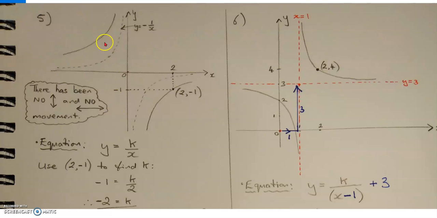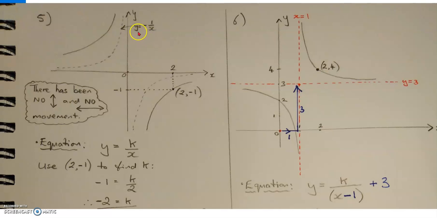But now, because it's been reflected, this has been reflected over there, and this one is reflected over here. This is a negative hyperbola, okay?